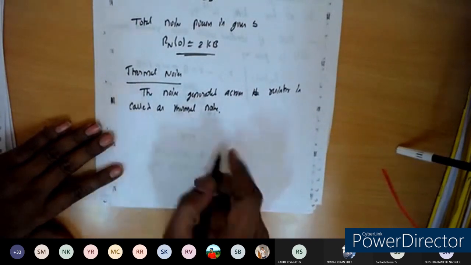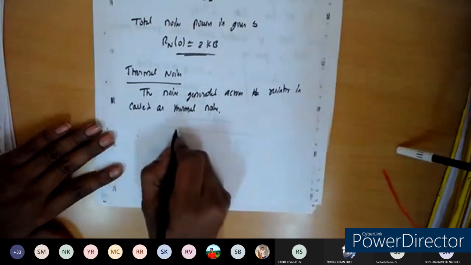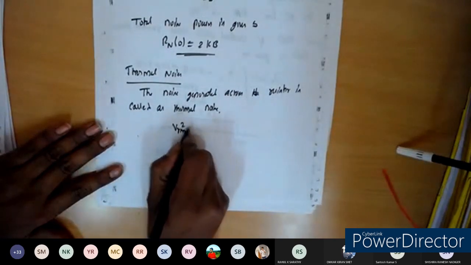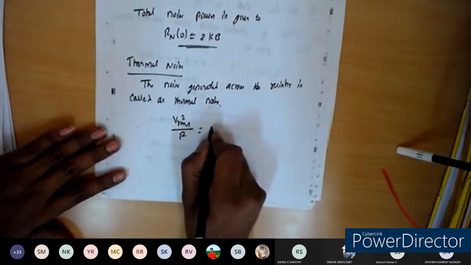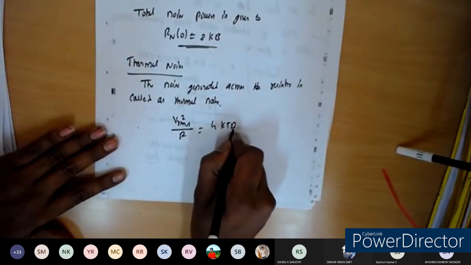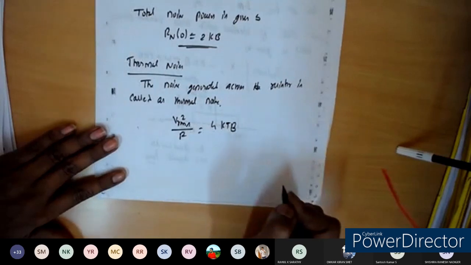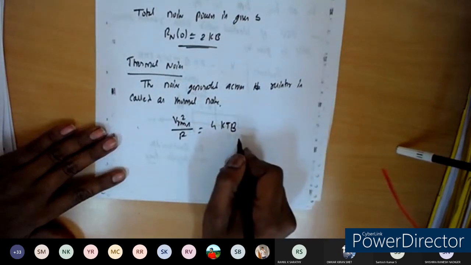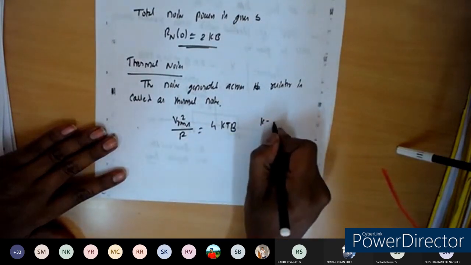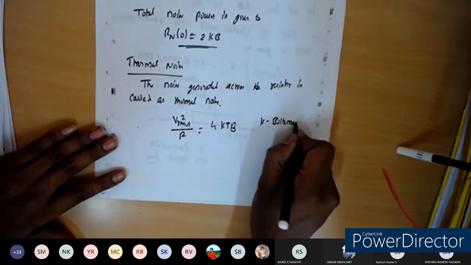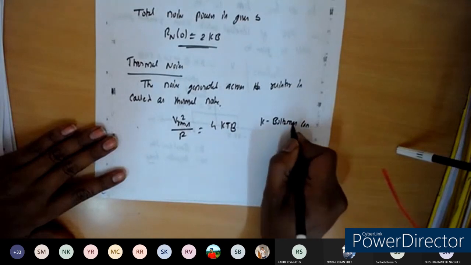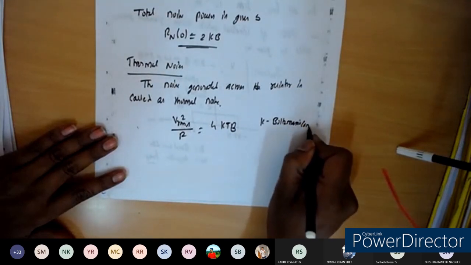Usually this thermal noise is denoted like this. It is given by the RMS value of the voltage and the corresponding resistance. You might have seen this in the last semester in electronic devices. Here K is the Boltzmann constant.